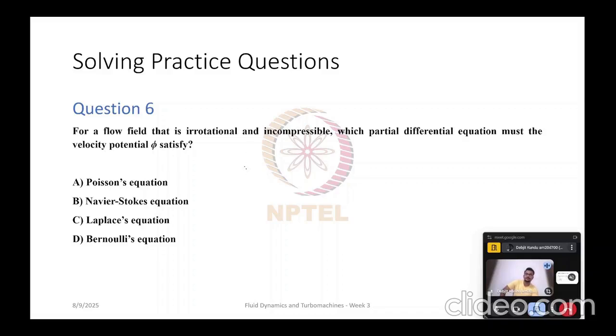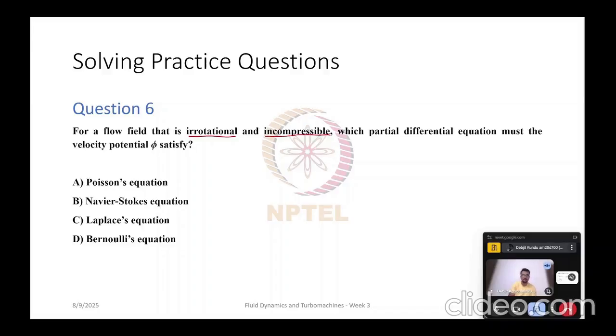So these are two key words. Let's say the flow is irrotational as well as incompressible. In that case, which partial differential equation must the velocity potential phi satisfy?